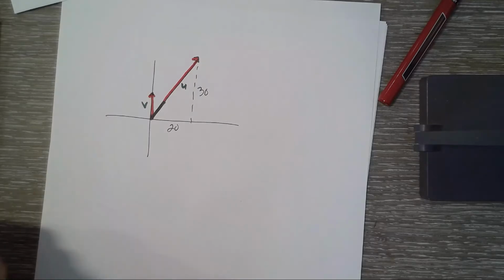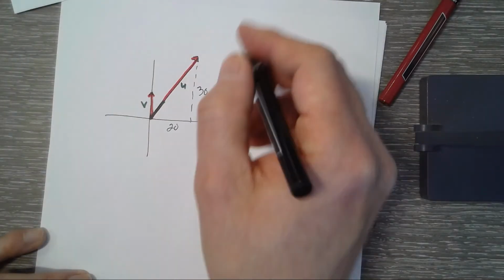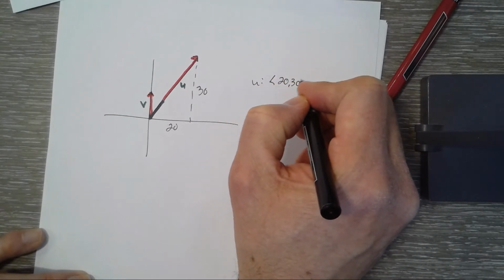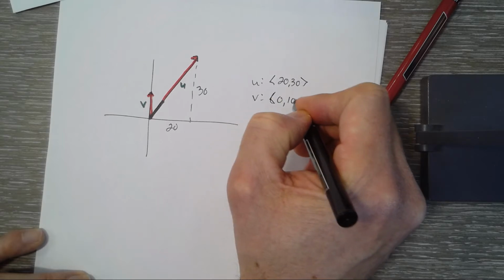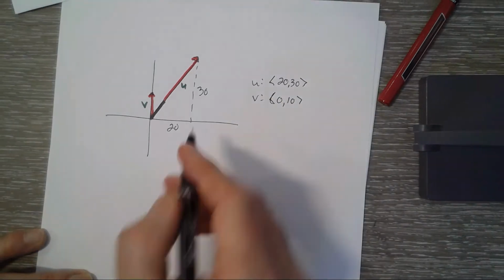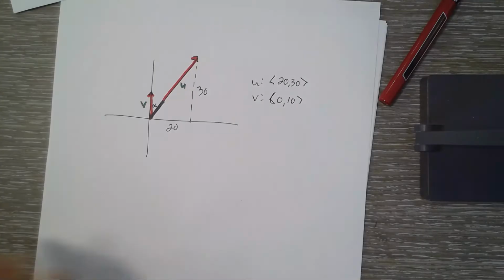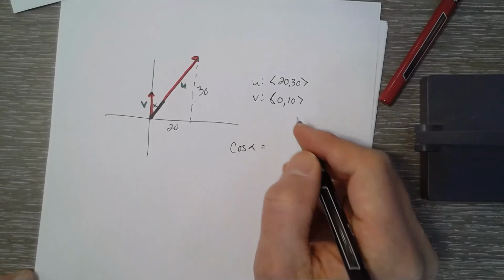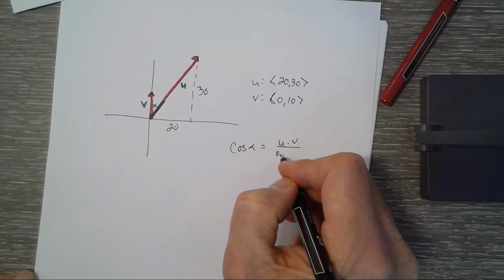So we can use trig to figure that out. We know that U is 20, 30, and we know that V is 0, 10. So we can find the angle between them. We'll call that alpha by using our equation. Cosine of alpha equals U dot V over U magnitude times V magnitude.